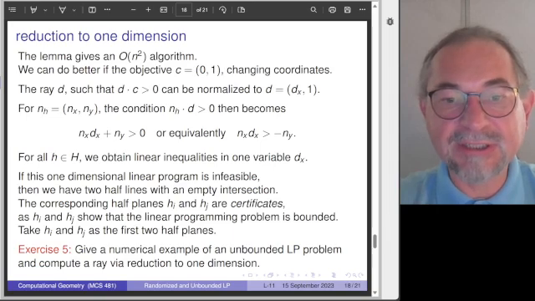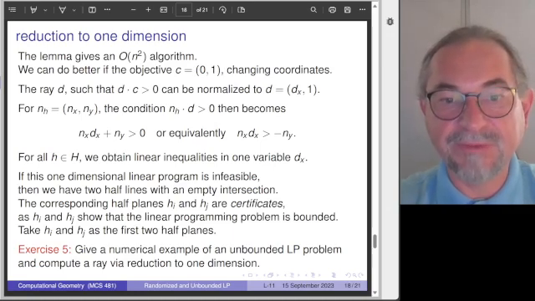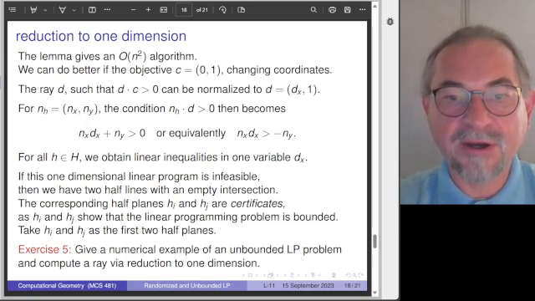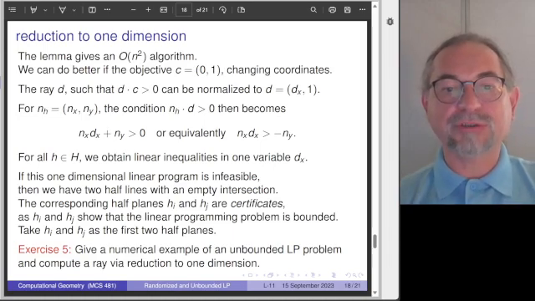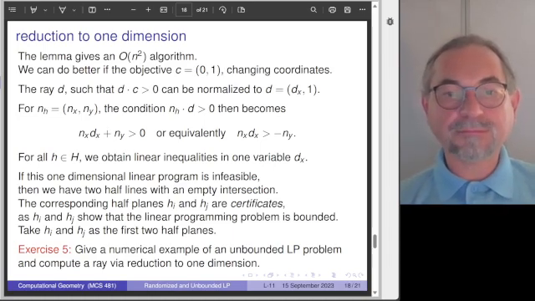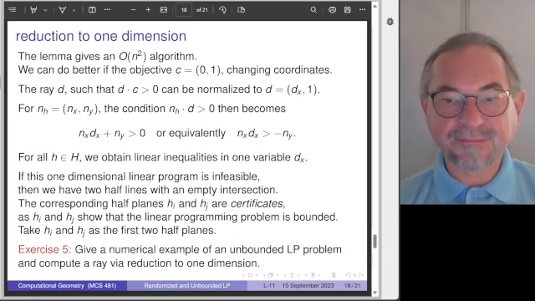And we can show that if it is infeasible, then we should have two half lines which have an empty intersection. These are certificates to show that there will be an obstruction. So we will actually have a problem that is bounded.